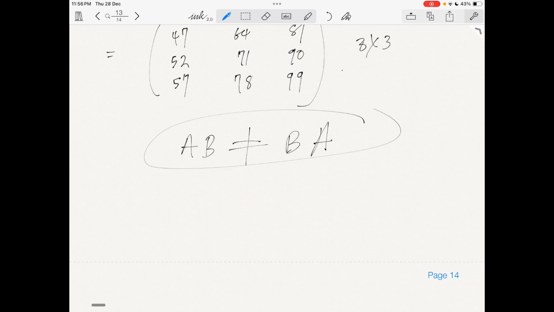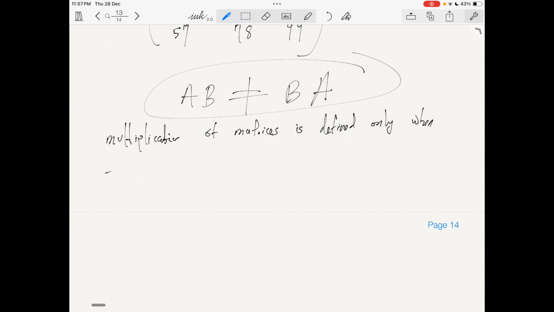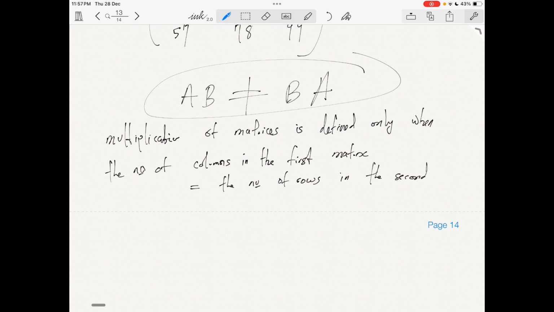And finally, as we wrap up, multiplication of matrices is defined only when the number of columns in the first matrix is equal to the number of rows in the second matrix. We performed quite a lot of examples.